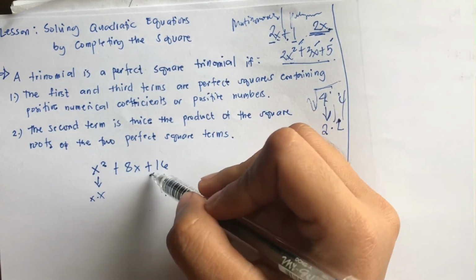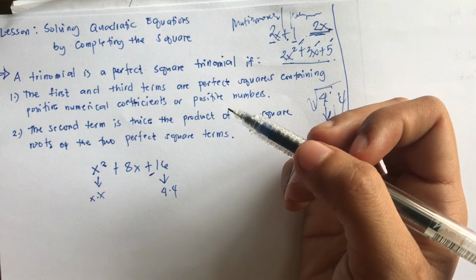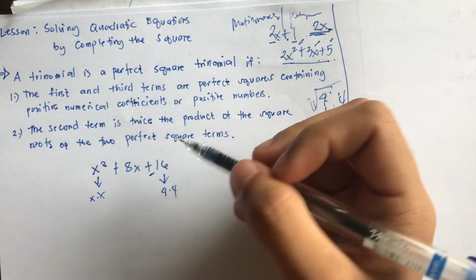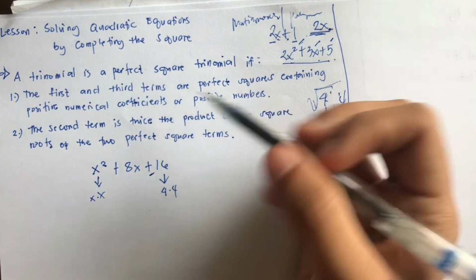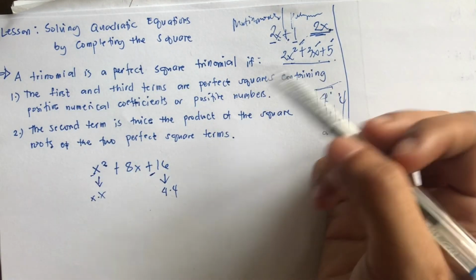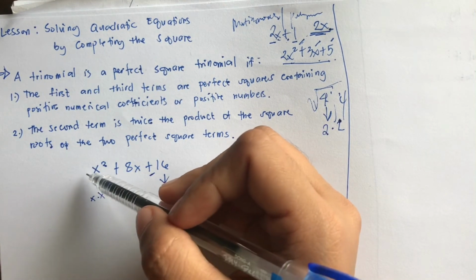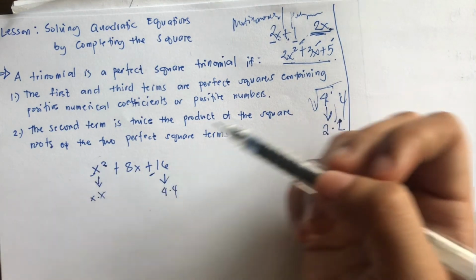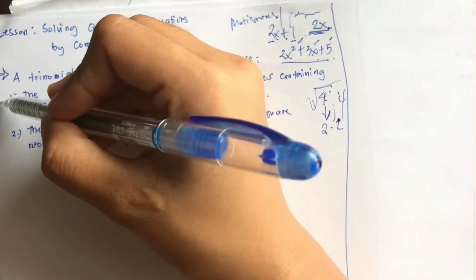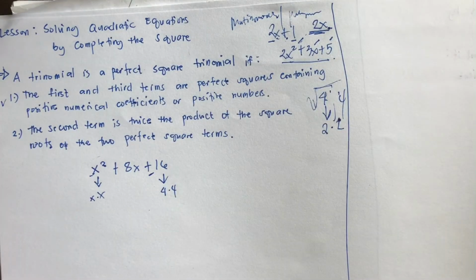And then the operation for the last term is plus. Whenever we have a plus sign, that means it is positive. The same with the first term. Unnecessary naman isuyat ang addition na sign or ang plus sign pag first term ang atong hisgutan. So, check, na-satisfy nato ang first condition.